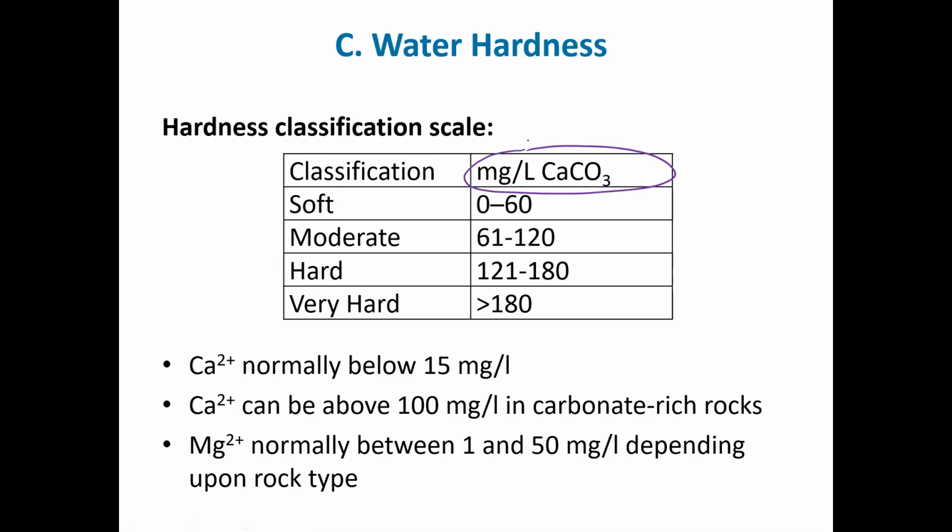You can see that here is the big thing right here, is that calcium can be above 100 milligrams per liter in carbonate-rich rocks. So I'm not sure what all you cover in Neil's classes in terms of mineralogy, because I'm not really a mineralogist. But this is one that I do know.